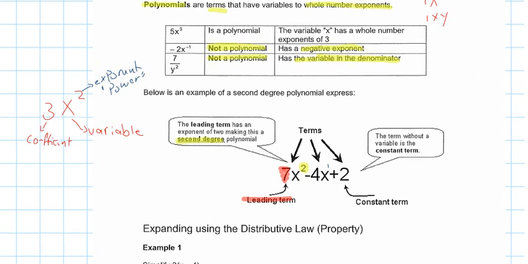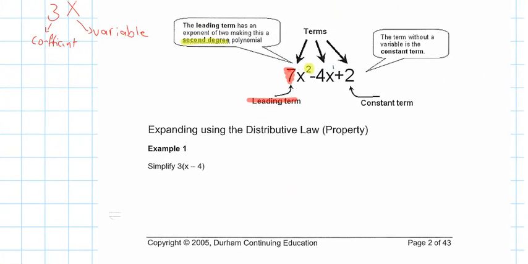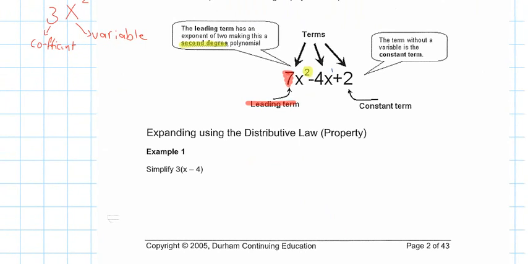So it doesn't matter if the coefficient is lower? Sorry? Does it matter if the coefficient is lower? No. Right? I can have this. That is still my leading term and leading coefficient.